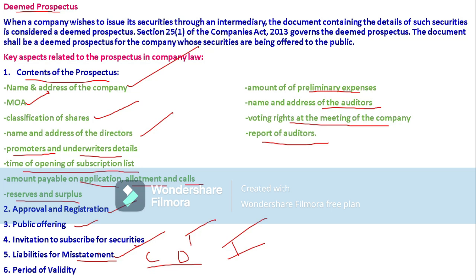For example, in a general prospectus, whenever a company raises funds, it has to go for a public issue, and the prospectus should be submitted with the ROC, according to the SEBI guidelines.